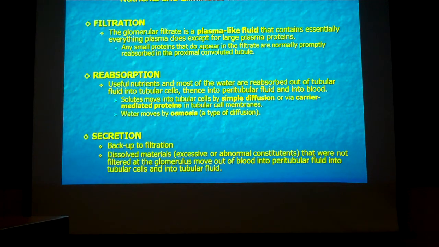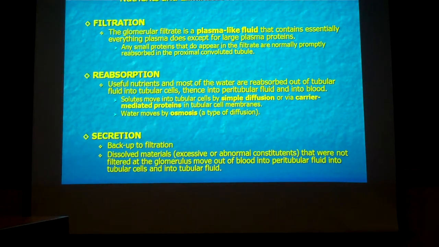All right, here are the three main mechanisms by which the kidney works. Filtration. All the filtration happens in the renal corpuscles. Then reabsorption. Reabsorption happens in the tubular system and the collecting duct.